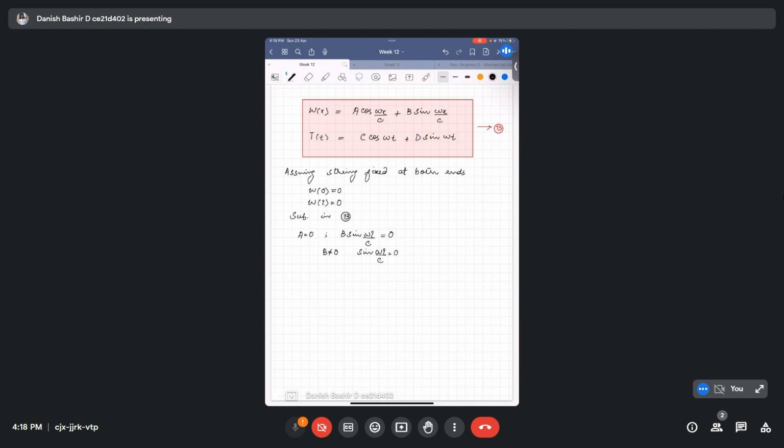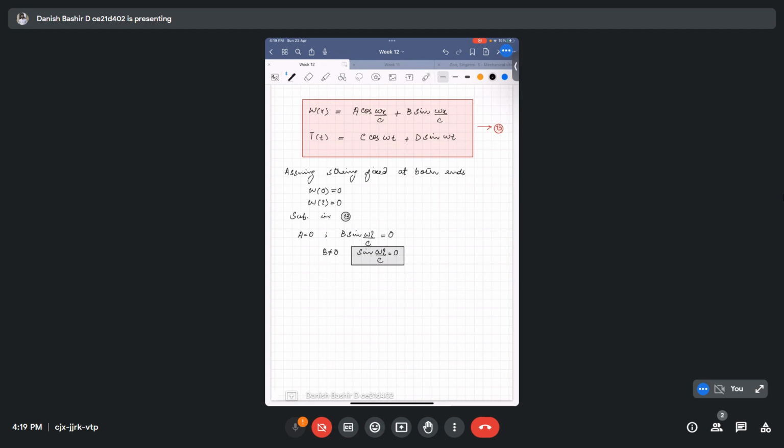Okay, so this equation, sin omega l by c equal to 0, is called the frequency or characteristic equation, and it is satisfied by several values of omega. The values of omega are called the eigenvalues, the natural frequencies or characteristic values of the problem. Sin omega l by c is known as the frequency equation.